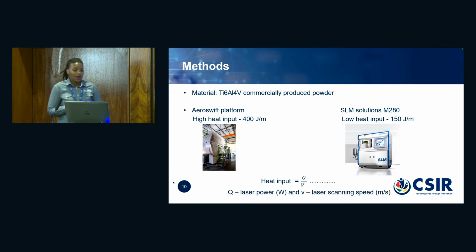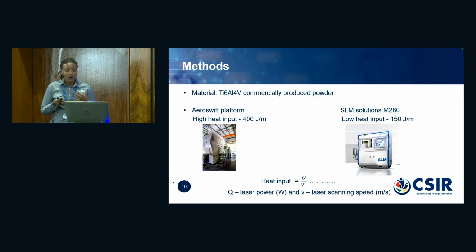And so titanium 6-4 components were manufactured using the Aeroswift platform as well as the SLM M280 machine, which is a commercial machine. These were made from a commercially produced powder. The thing that we're looking at here is the heat input, which is a ratio of your laser power to your laser scanning speed.